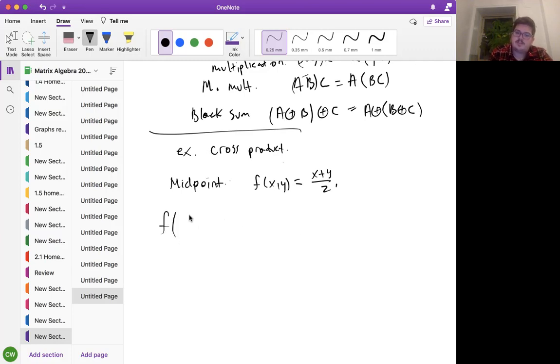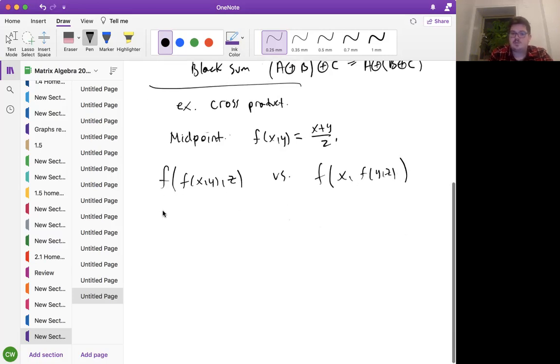So it'd be f of x, y, z versus f of x, f of y, z. First, let's say what f of x, y is. We just said it: x plus y over 2. And this is y plus z over 2.